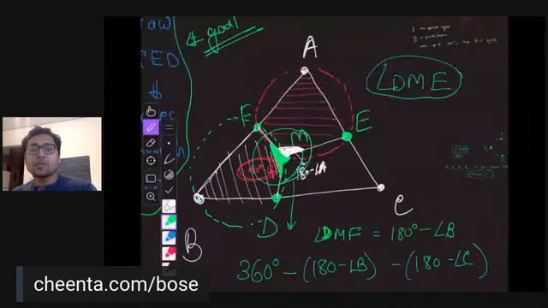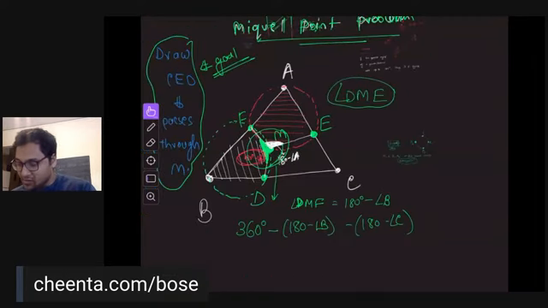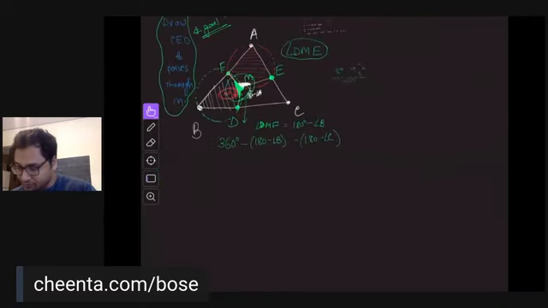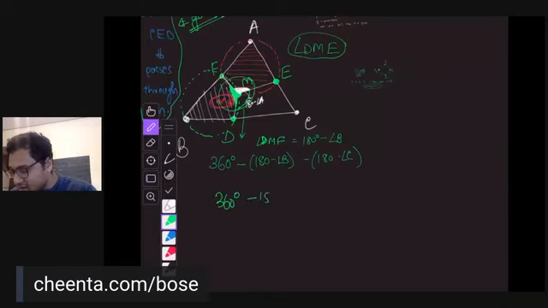You're right, Samir, you're correct. Very good. So then this turns out to be what? Let me just squeeze this a little bit more. Okay, here we go. So this turns out to be 360 minus 180 plus B minus 180 plus C. So this is angle B plus angle C.